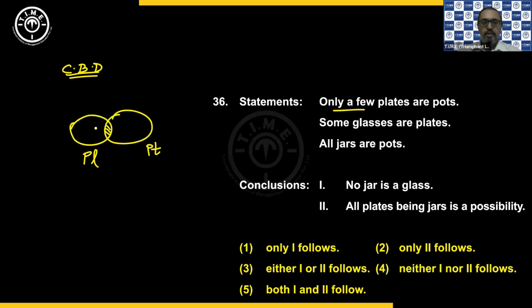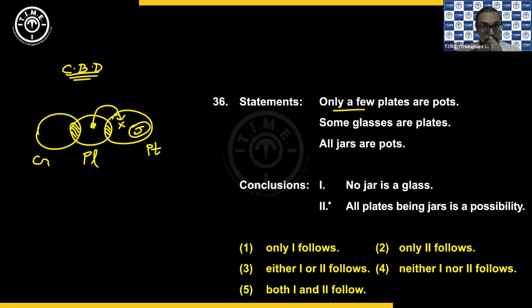Only a few. So there should be some plates, never inside pots. Correct? Then some glasses are plates like this. Some glasses are plates. And then all jars are pots like this. All the jars are pots. So this is the combined diagram we have.